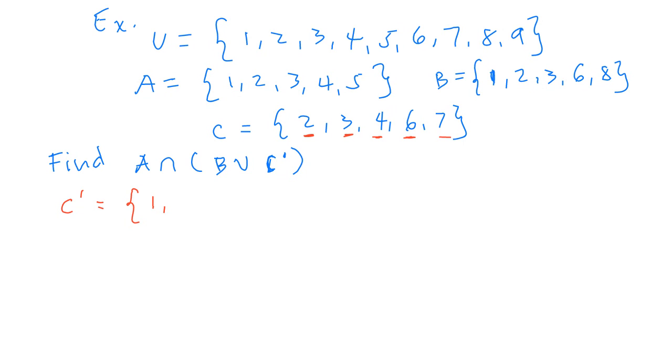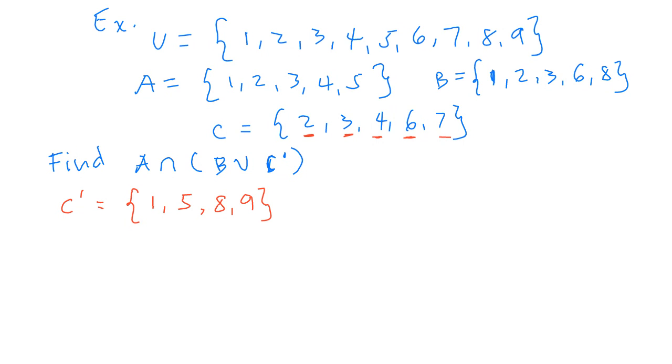So 7. So 2, 3, 4, 5. There's no 5, so 5 goes here. Okay, and then the next one, there's no 8 and 9. So 8 goes here and 9. So again, look at your U set. Whatever elements are not in C, in U, that would be your C naught.